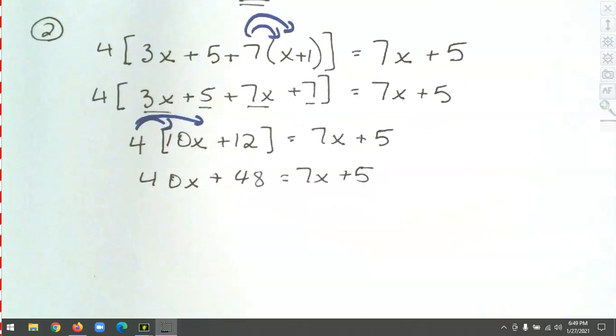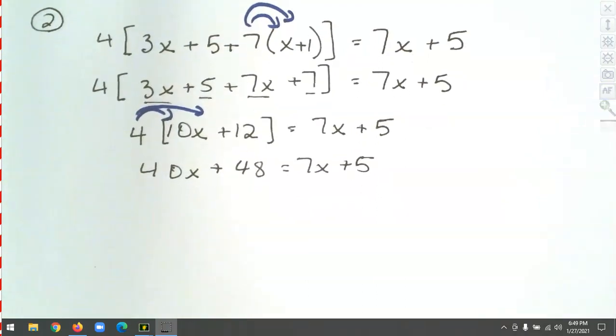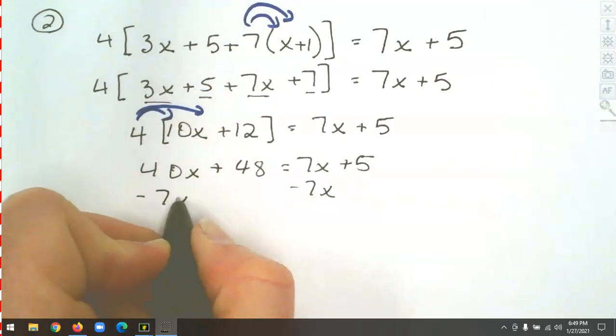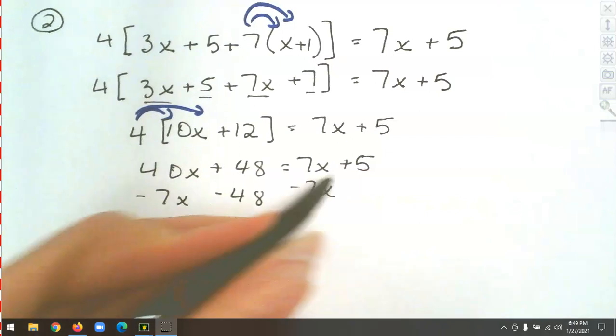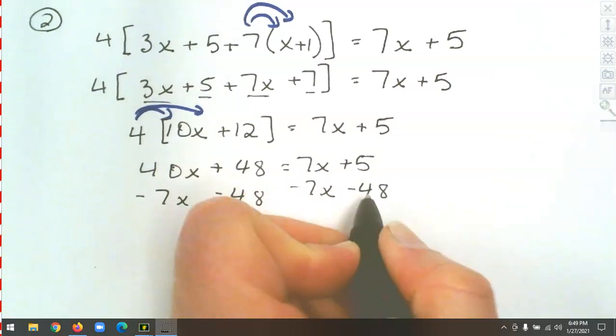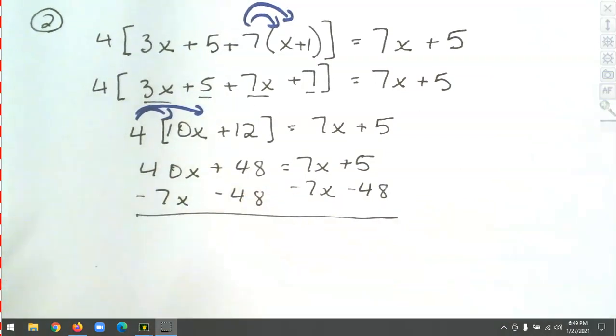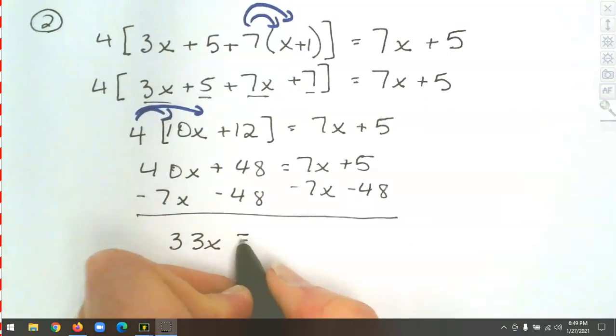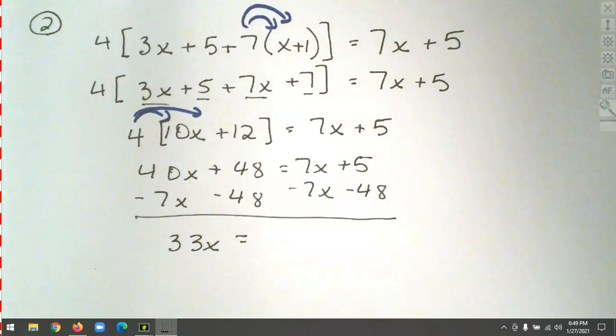And we want to move things around so we can solve it here. So we'll go ahead and move that 7x over. And then move that 48 over as well. So that leaves you then with 33x on the left-hand side.